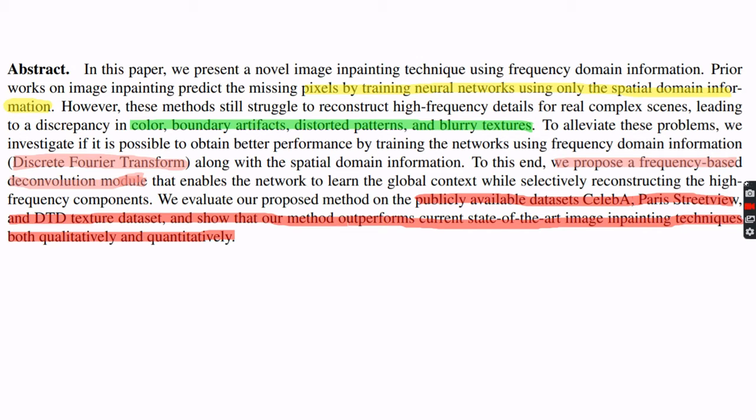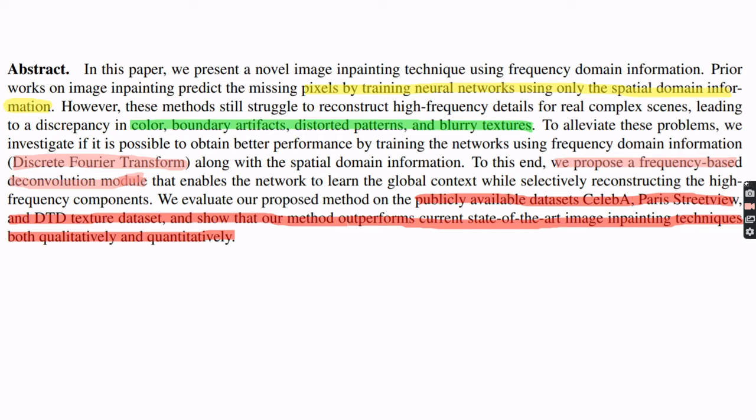To extract from those spatial domain information, discrete Fourier transform and other techniques have been employed. This paper proposes a deconvolution module that enables the network to learn a global context while selectively reconstructing the high frequency component, which is black images turning into a successful way of getting the hidden pixels which will disappear all of a sudden.